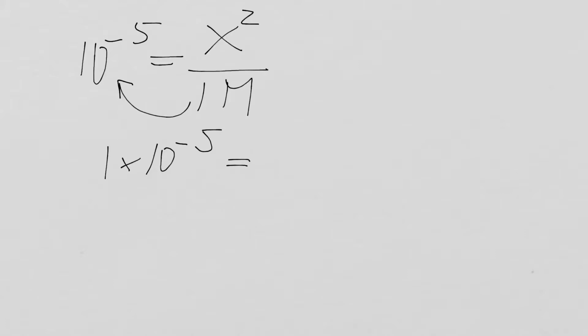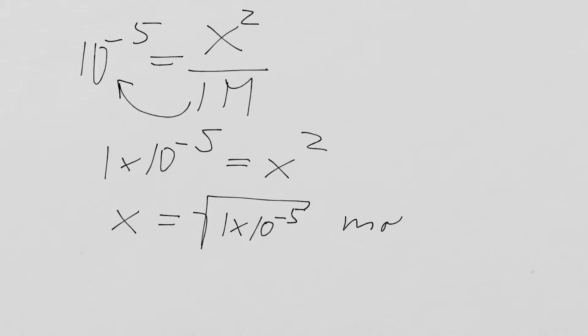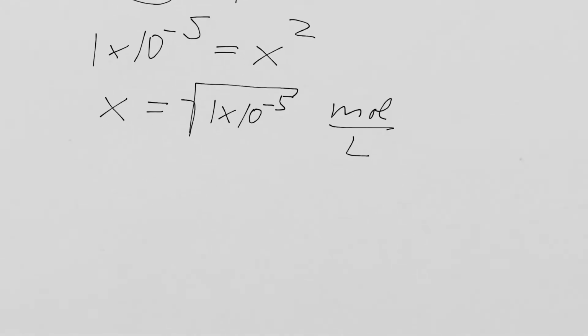Or X would be the square root of 1 times 10 to the minus 5. And because we are dealing with a concentration, this would be mole per liter. And if we hack that into our calculator, we get 3.16 times 10 to the minus 3 mole per liter.